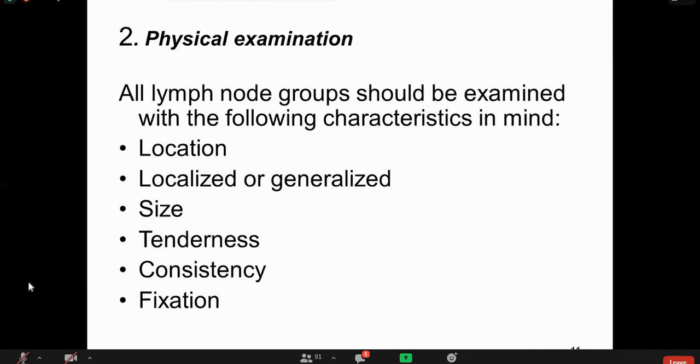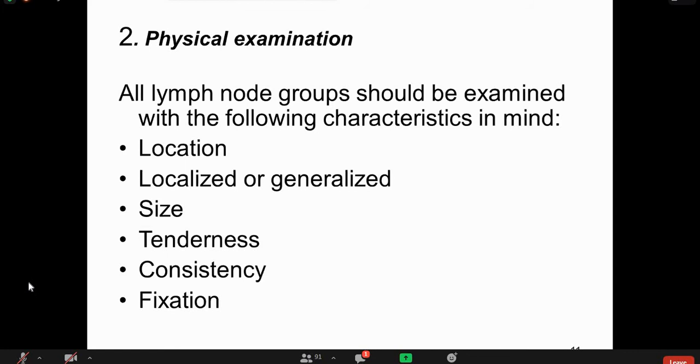Tenderness, the famous sign of inflammation, and yes, if there is tenderness associated with any lymph node, then it means that there is something wrong which should be worked up. Consistency is really very important, because if the consistency is rubbery, it points towards the diagnosis of lymphoma. If the consistency is matted, it points towards the diagnosis of granulomatous disease like tuberculosis or fungal infection. And then fixation.